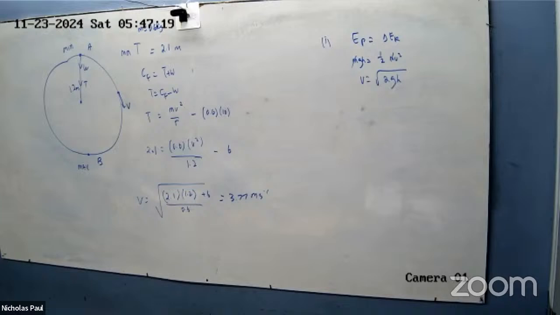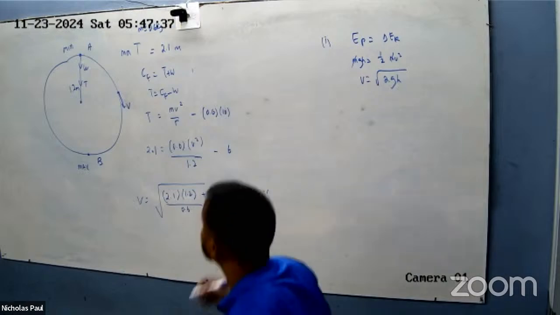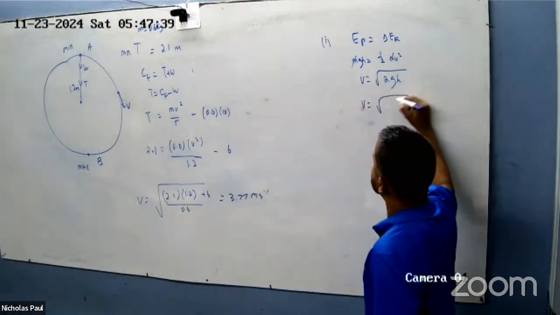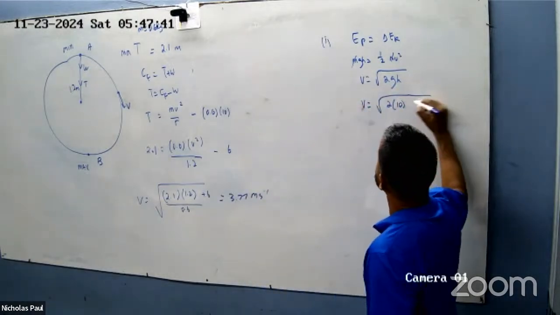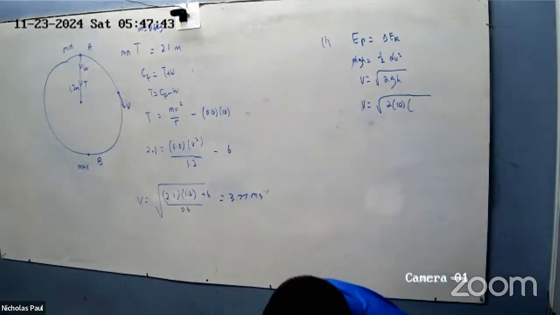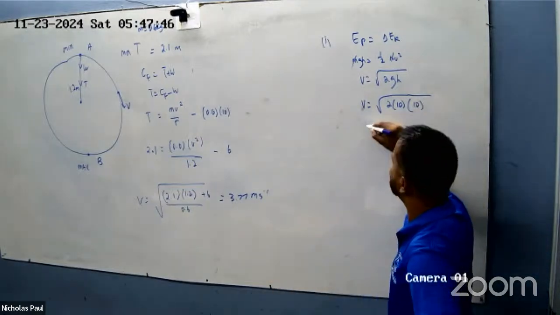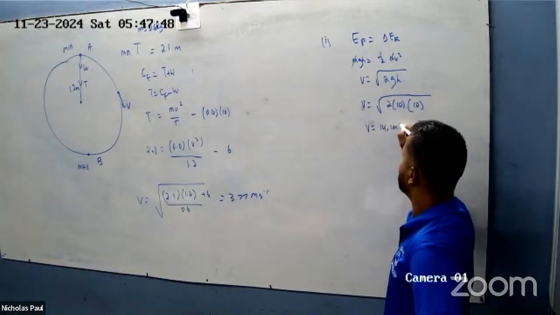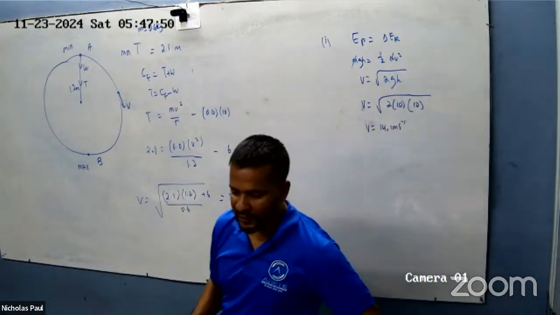Yeah, 14.14. How much did you get? 14.14. Yeah, use gravity as 10. Katrina, you remember to message the host, right? So I'll see your answers. Right, I have v is equal to the square root of 2 times gravity 10 times height, and height is what? 10. Nice. How much did you get? 14.14. Alright, go ahead, find part 2, and then find part C.